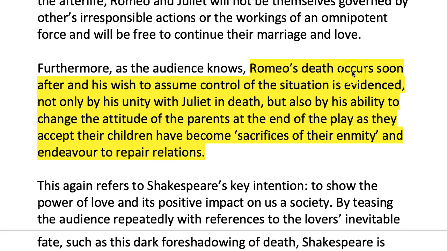"So Romeo's death occurs soon after, and his wish to assume control of the situation is evidenced not only by his unity with Juliet in death, but also by his ability to change the attitude of the parents at the end of the play, as they accept their children have become sacrifices of their enmity and endeavour to repair relations."